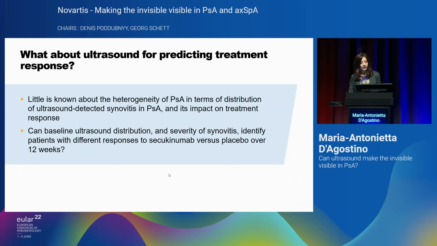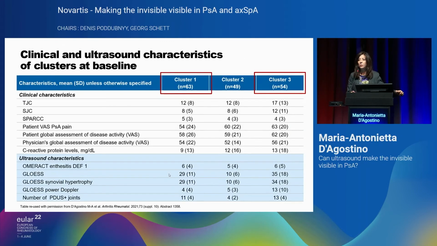What we saw is that, based on the ultrasound characteristics, we were able to identify 3 groups of patients. Cluster 1 was mostly characterized by enthesitis and synovitis, and cluster 3 was quite well distributed. But cluster 2 was the cluster in which we detected the lowest amount of inflammation by ultrasound.